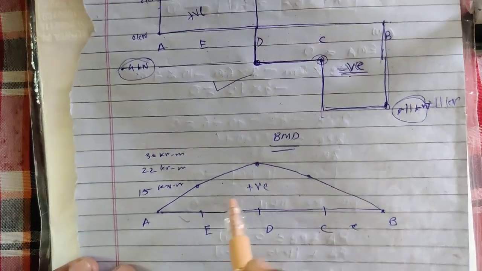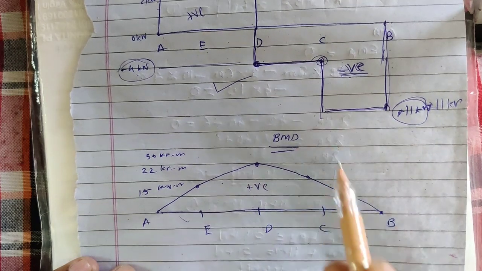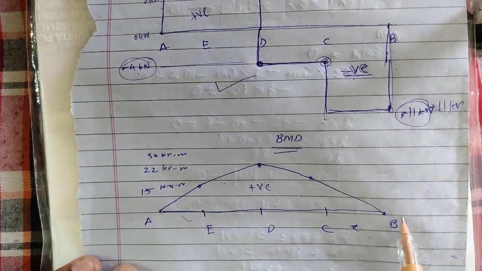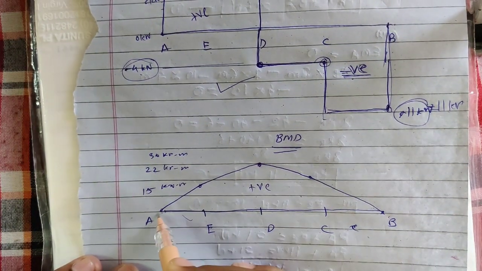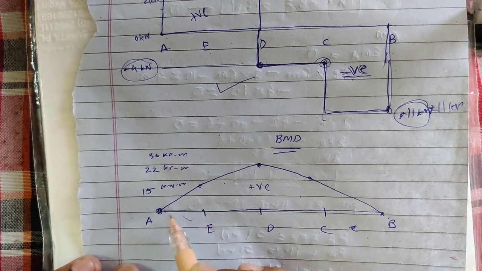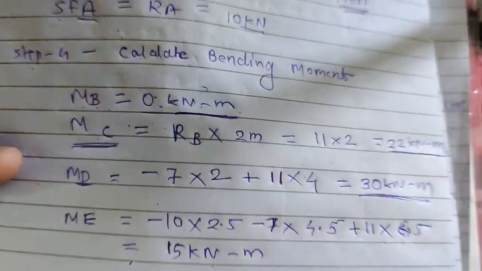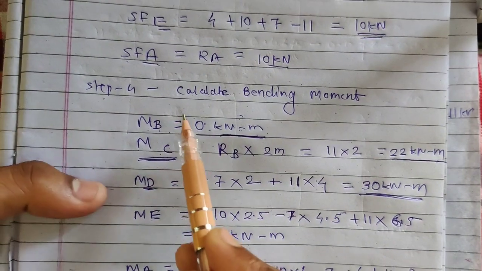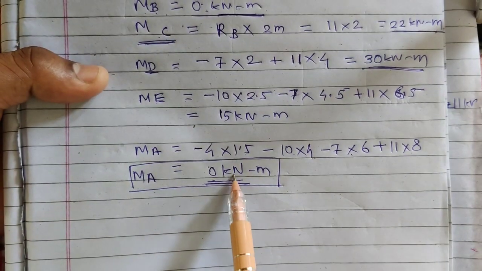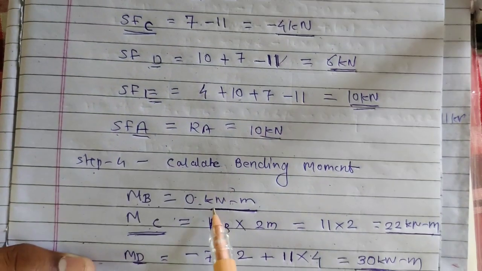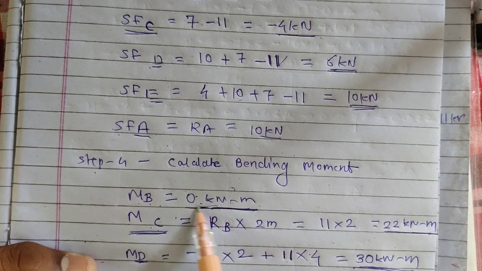Now comes the BMD diagram. From A to B, at A point my bending moment is 0, and at B point my bending moment is 0.